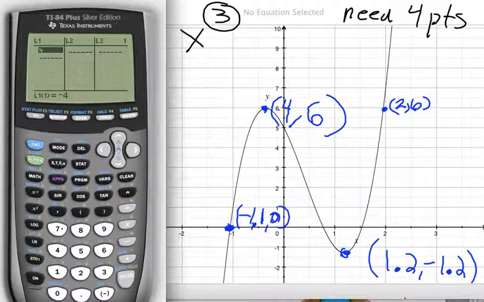Just in case you didn't notice, this right here is labeled 0.4, but let's go ahead and add the negative, because that's definitely on the left side of the x-axis. So we have negative 0.4.